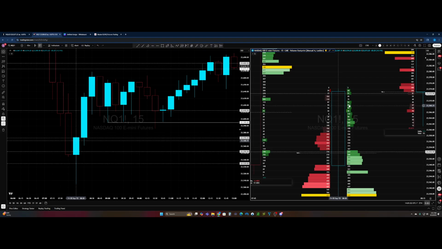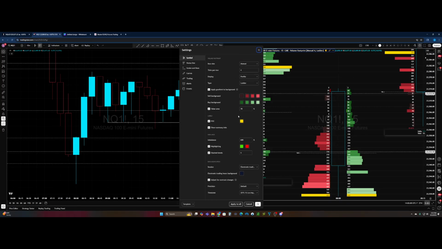On the right-hand side, you're going to see a green bar noting a buy imbalance. Now, what that means, really quick: my imbalance setting is at 600%, so for a buy imbalance, there were 6 times the amount of buys relative to the sells.